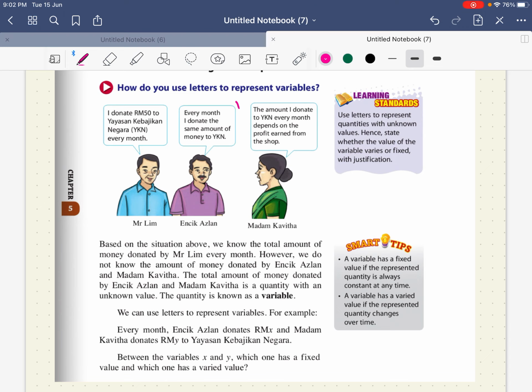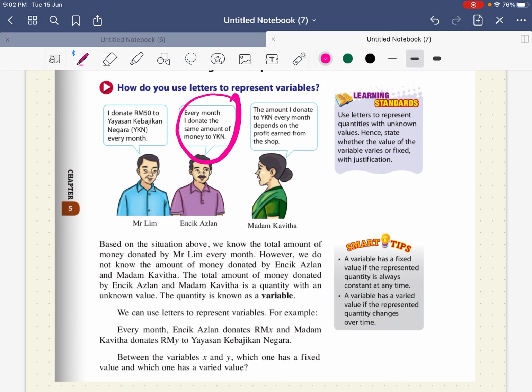It is not the same amount of money as Mr. Lim, no. He just gives this statement only. Madam Kavita said, the amount they donate to the yayasan every month depends on the profit earned from the shop. We don't know Madam Kavita's profit, how much every month. In January it may be a little, in February a lot.